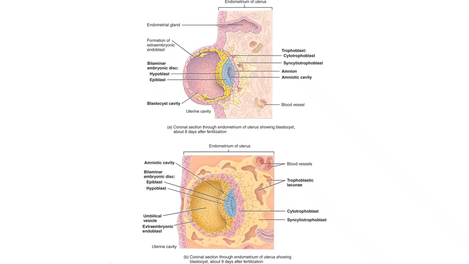With the development of it, the extraembryonic coelom is now referred to as the chorionic cavity. And by the end of the second week of development, the bilaminar embryonic disc becomes connected to the trophoblast by a band of extraembryonic mesoderm called the connecting stalk. The connecting stalk is eventually going to become the future umbilical cord.